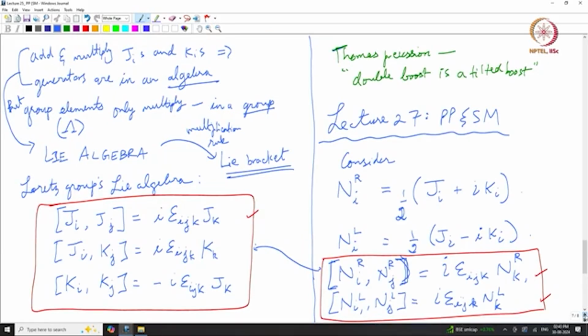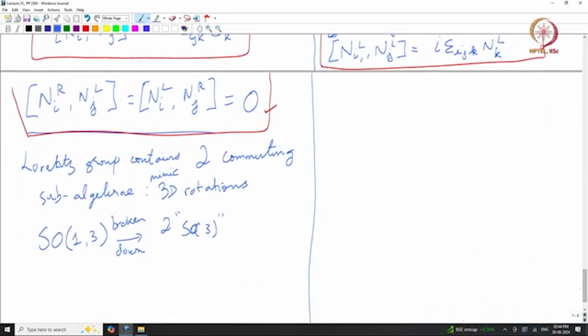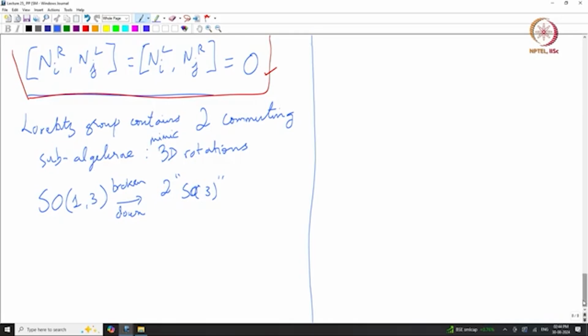Why? Because I have an i sitting here, Ji plus i Ki. So these are not real generators, correct? So if it's not SO3, what could it be? Remember when we dealt with spinors in quantum mechanics, we said that the 2 spinors, when we did rotations on them, we had to apply a 2 by 2 matrix, and that 2 by 2 matrix turned out to be unitary, correct?